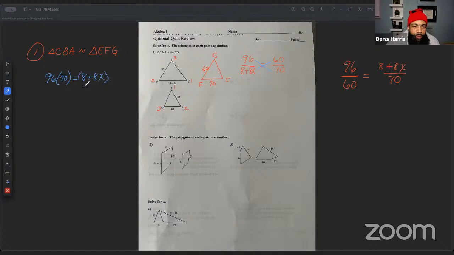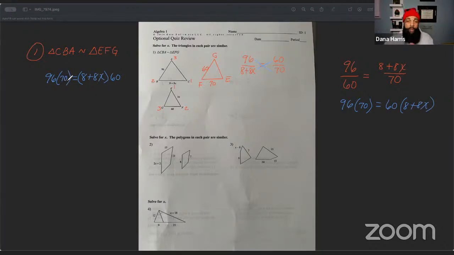I'm going to put that in parentheses because it's now times that 60. Notice we're multiplying the same thing in either one of these equations. So whichever way works for you, use that way.